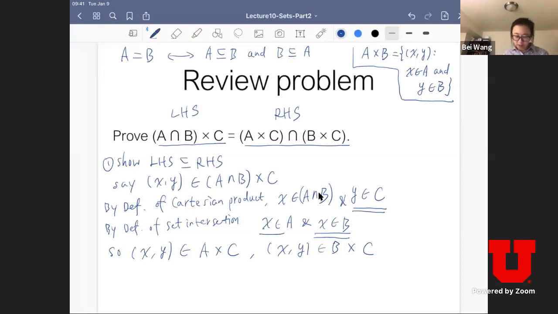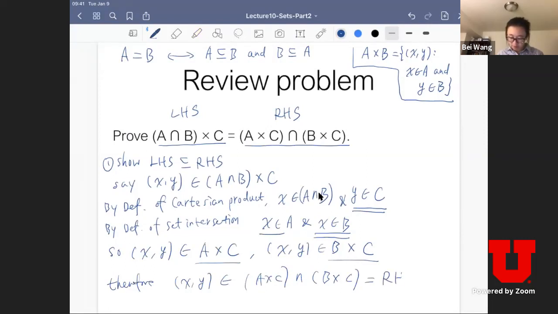Now I have XY belongs to A cross C and XY belongs to B cross C. That means it belongs to their intersection. So therefore, XY belongs to A cross C intersect B cross C, which is equal to right-hand side. So I just proved left-hand side is a subset of right-hand side.